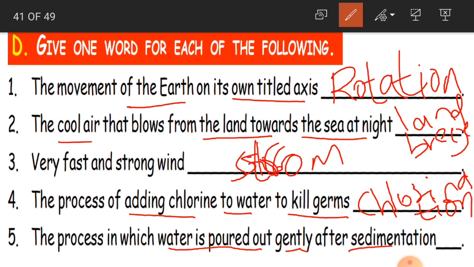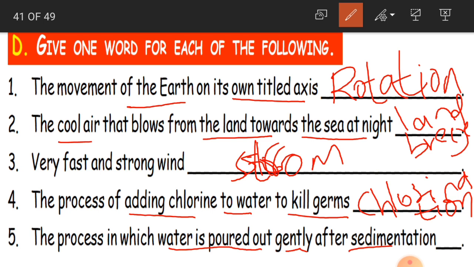We are going to settle down all the insoluble impurities at the bottom of the liquid. Suppose if you take water mixed with sand, if you keep that container aside for some time, all that sand or dust particles are going to settle down at the bottom of the container. And this we call it as sedimentation.